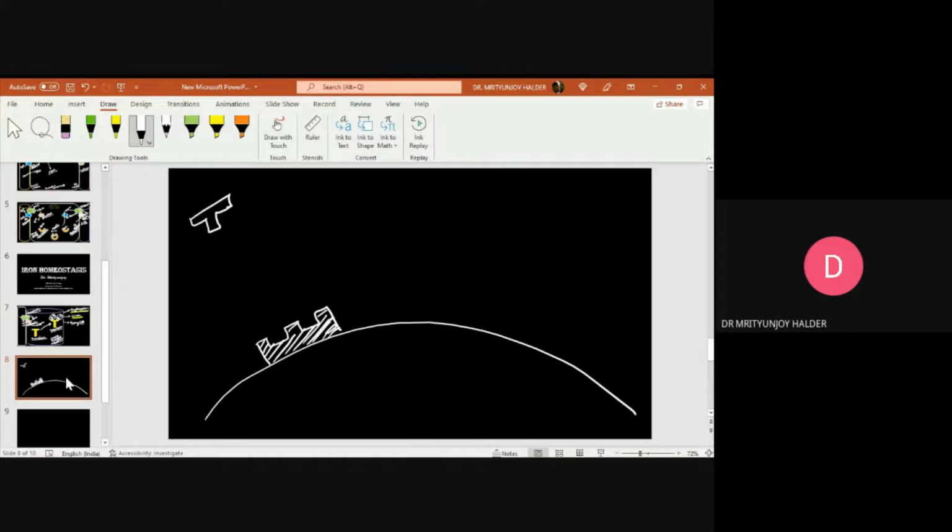Coming to the next slide, suppose this is a cell which wants to receive iron from the transferrin molecule. On the surface of the cell, some receptor is there. This is the receptor, planted or decorated on the membrane. Now the transferrin molecules are carrying two ferric atoms.